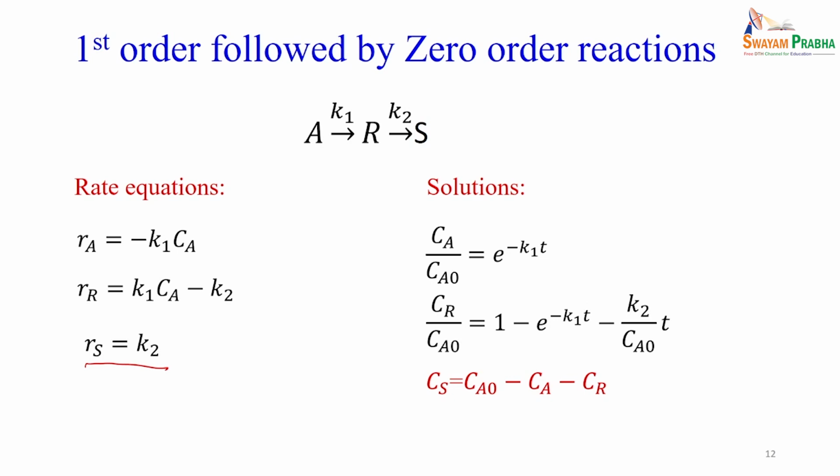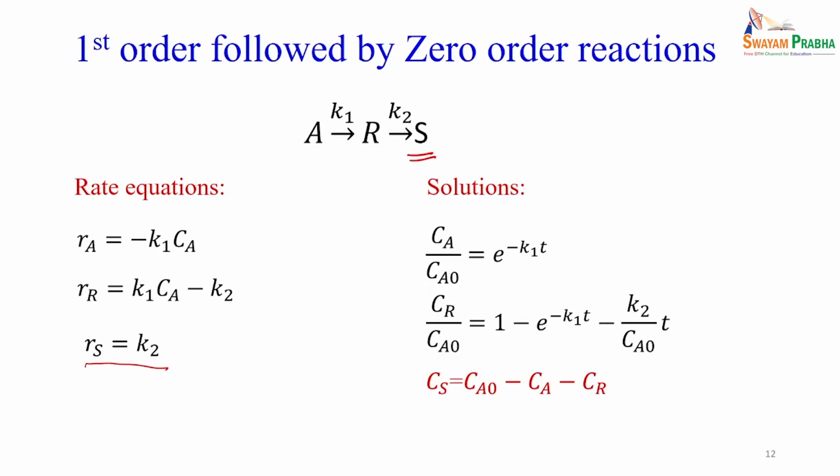So, what we have to do is calculate the amount of intermediates, then finally we can see how the intermediates are changing with time and how the final conformation is increasing with time.